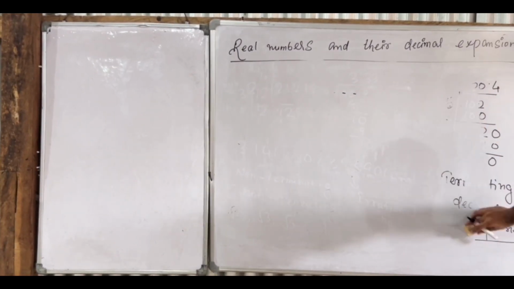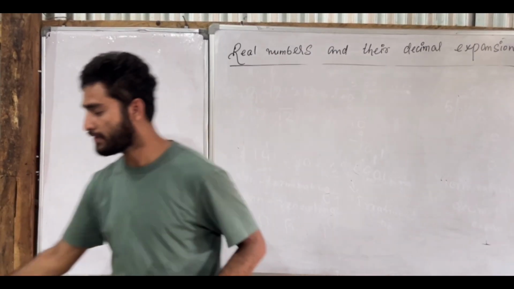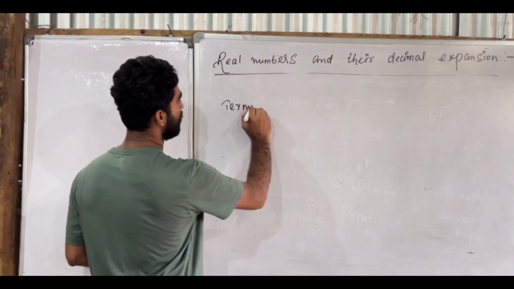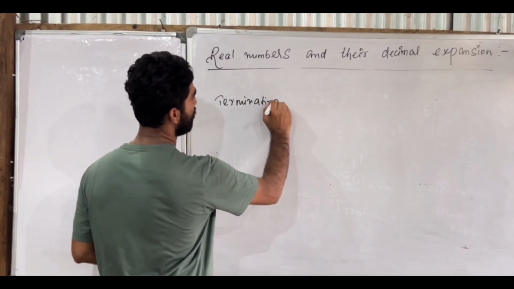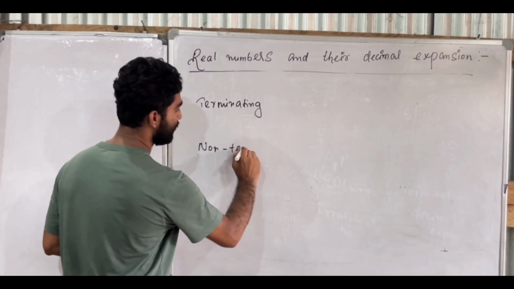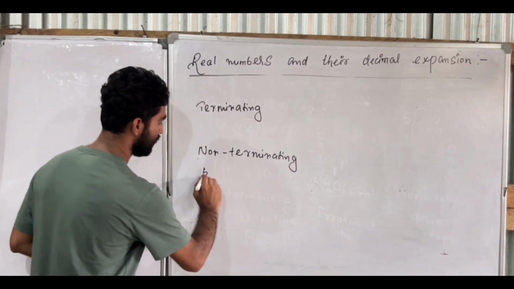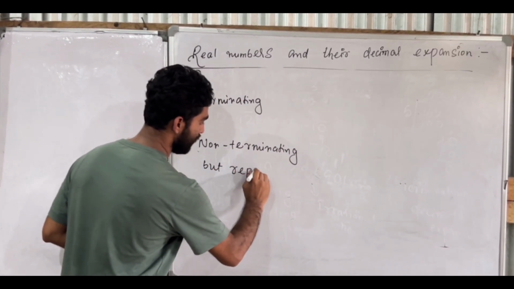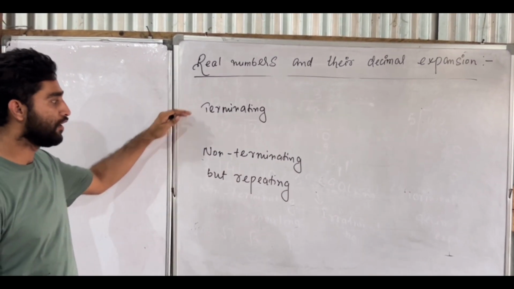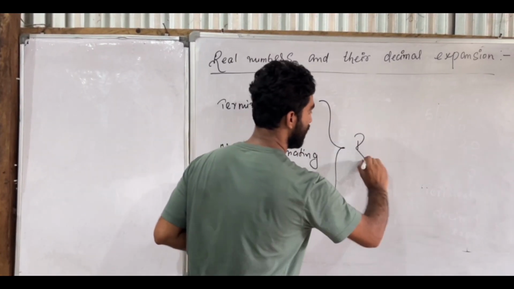So what can we summarize from the decimal expansion? Decimal expansions are of 3 types. The decimal expansion can be either terminating, or non-terminating but repeating. If the decimal expansion is terminating or non-terminating but repeating, then this is an example of a rational number.